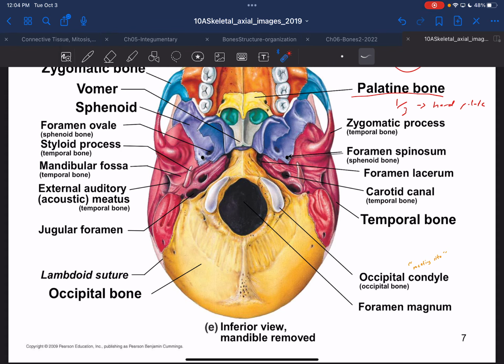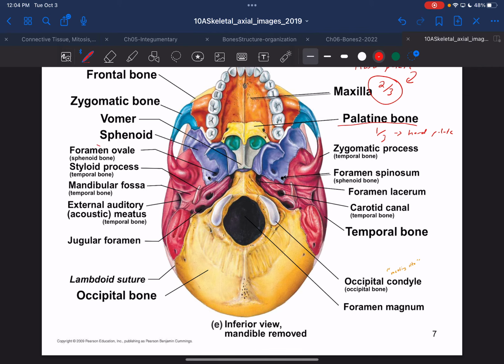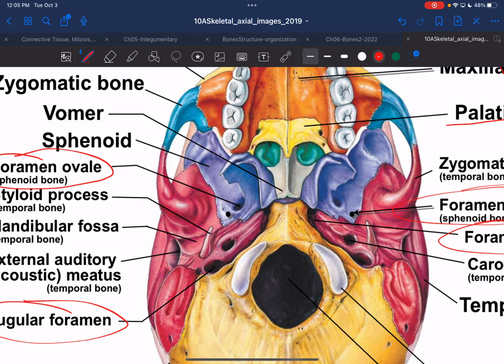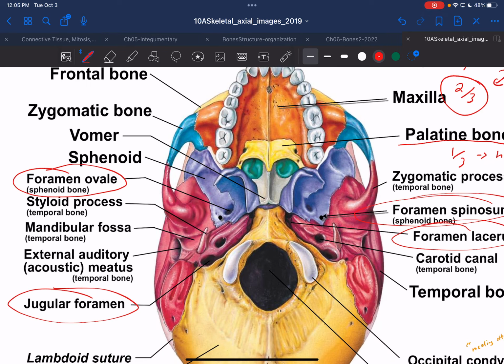If we look at the base of the skull, you'll see all these terms again. Foramen, they come up again. Look, there's foramen, I'm going to underline it. And you don't have to do it on your paper just yet. I'll show you why in a second. Foramen, foramen, foramen, foramen, foramen. And if you look at foramen, just by guessing, what is a foramen again? A hole or an opening.